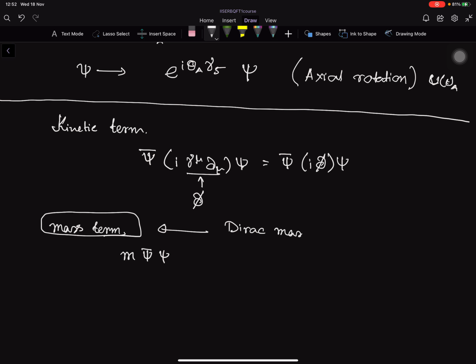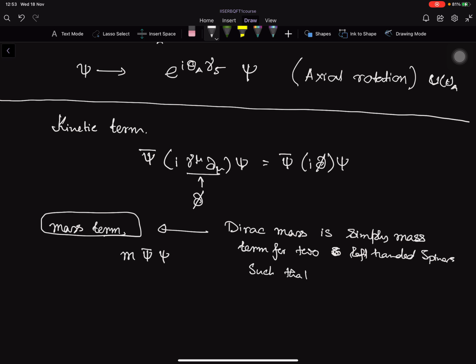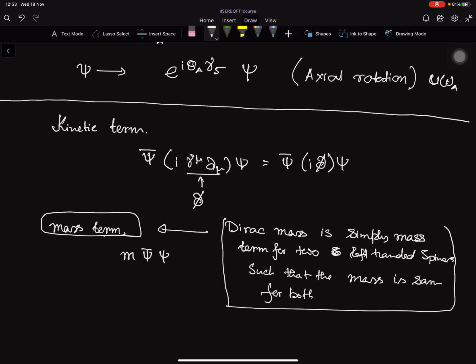The Dirac mass term is simply a mass term for two left-handed spinors, such that the mass is the same for both. In the 4-component notation that mass term simply becomes m psi bar psi.